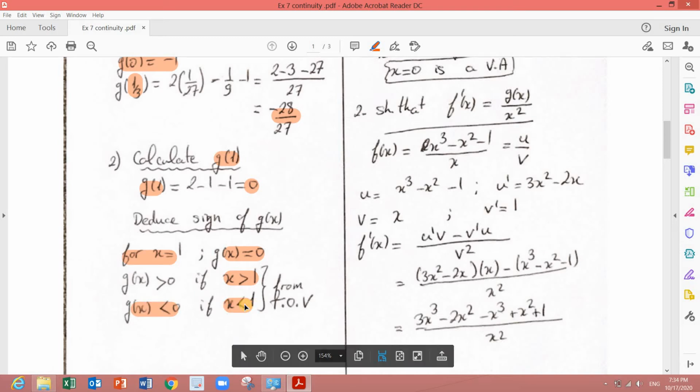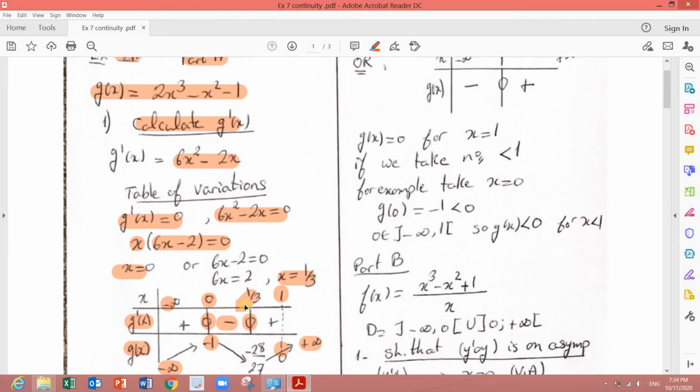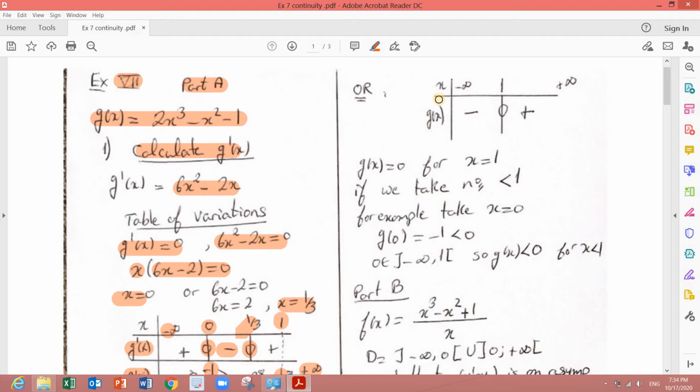As we said, it is from the table of variation, or we can put this small table here: x, and here g of x. The domain is minus infinity to plus infinity, and we put the value that makes g of x equal to 0, which is 1.